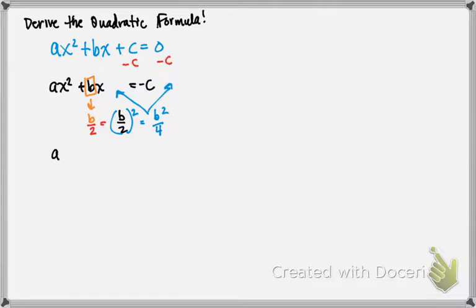So that gives me ax squared plus bx plus b squared over 4 equals b squared over 4 minus c. But I cannot combine those two numbers because they don't have a common denominator. So if I want this c to have a denominator of 4, I have to multiply the denominator by 4, and I have to multiply the numerator by 4.